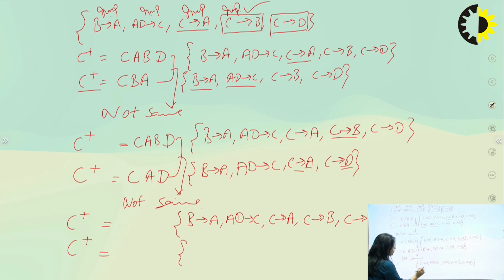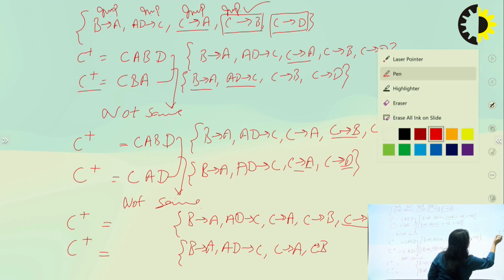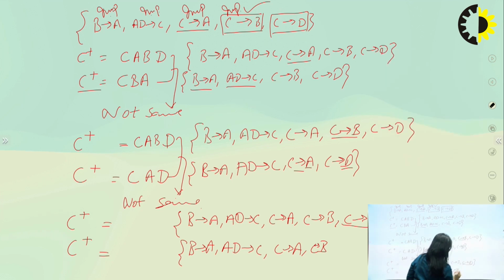And then we will exclude this one from this set. B tends to A, AD tends to C, C tends to A, C tends to B. Not able to write properly. So I'll erase this. And then, okay, C tends to B. Will not write this C tends to D. Okay, we will exclude it.